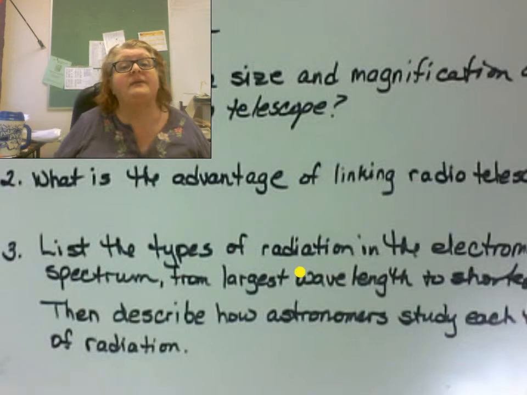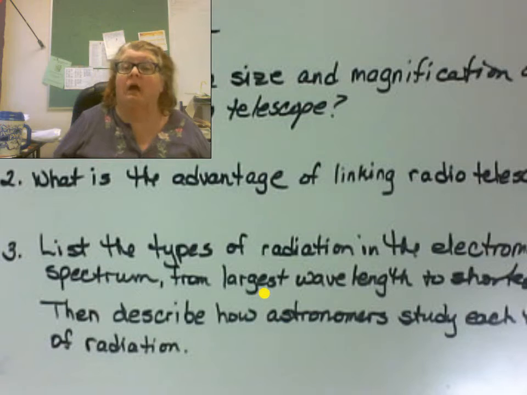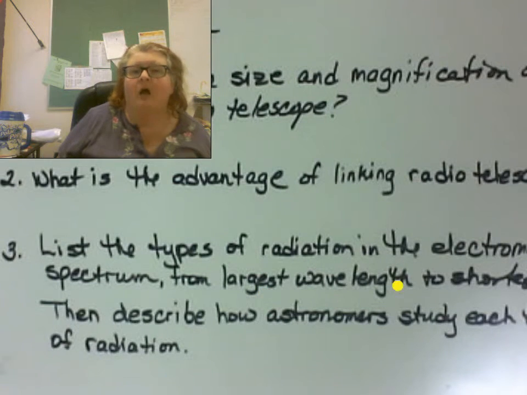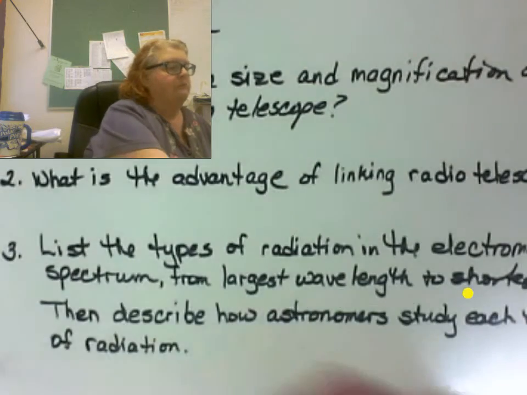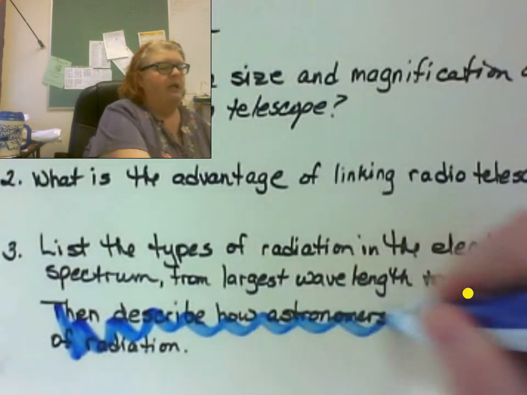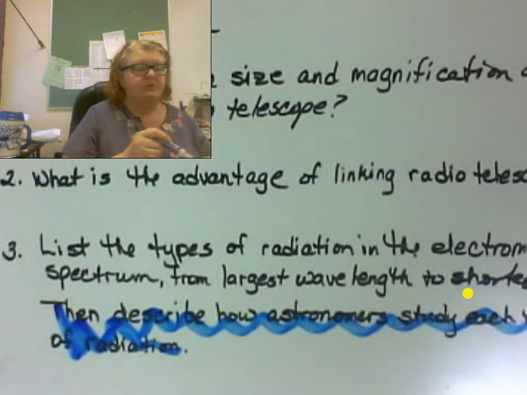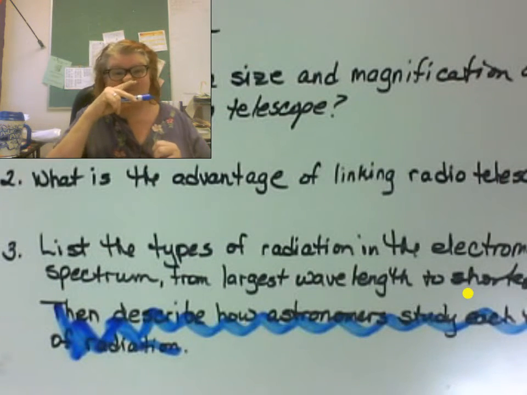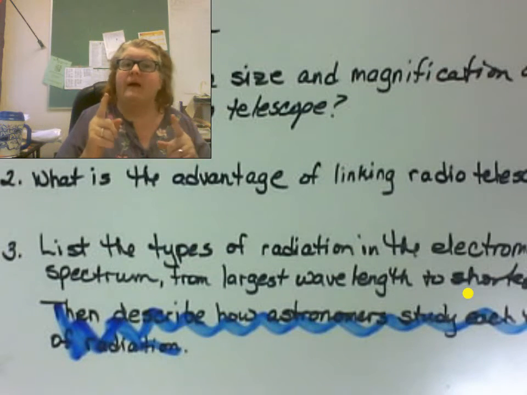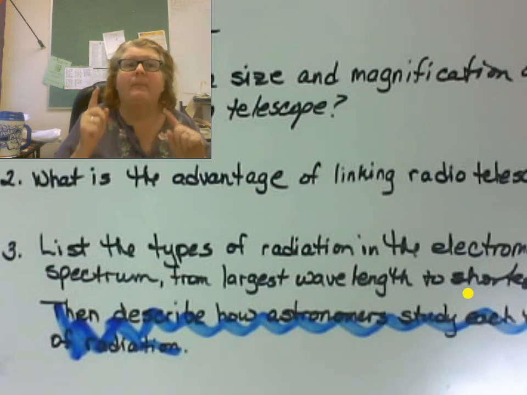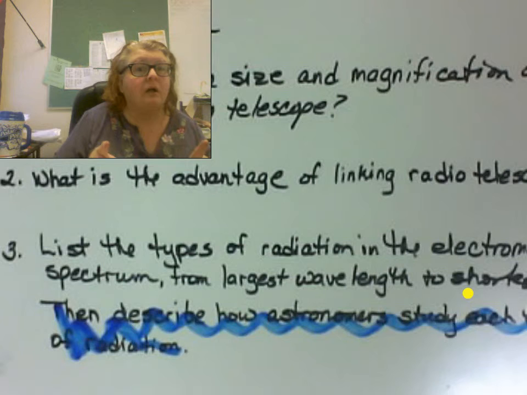And then list the types of radiation in the electromagnetic spectrum from the largest wavelength to the shortest. I think I deleted some of this part, so don't worry about that. I just want you to give me this stuff in order. That means you're going to have to look in your textbook because I did not cover that in this lecture, but it is in your textbook, so please go look.